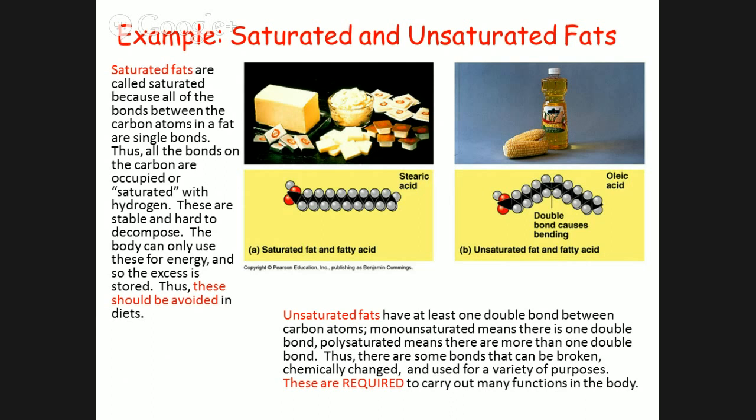On the other hand, unsaturated fats have at least one double bond. And as a result, they do not have as many hydrogens because you have to basically substitute a couple of the electrons for the double bond instead of being connected to another hydrogen.